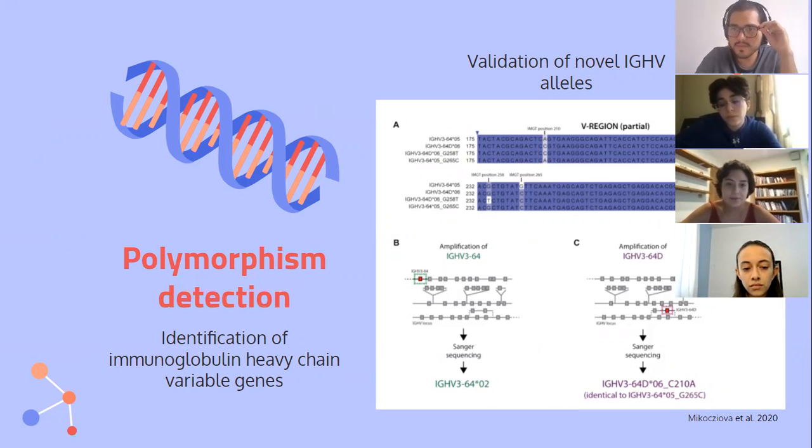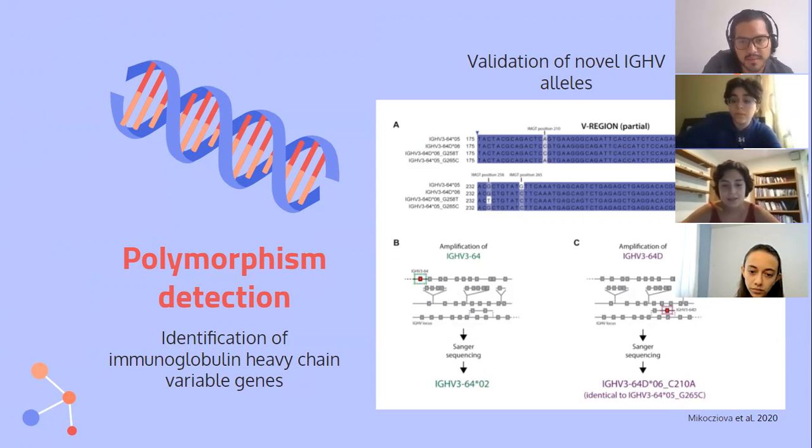It is very useful because it also allows a more specific identification of the genes. And in some cases, it is easier to use the Sanger method because it can sequence smaller strands of DNA, and it doesn't have to be necessarily a next generation sequencing with all of the millions of copies.